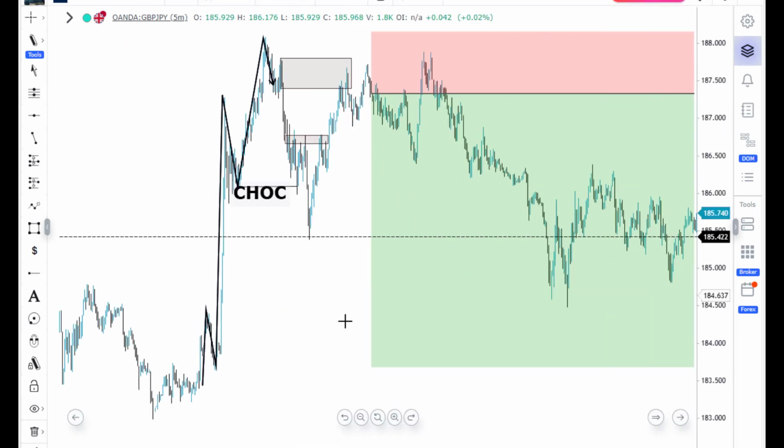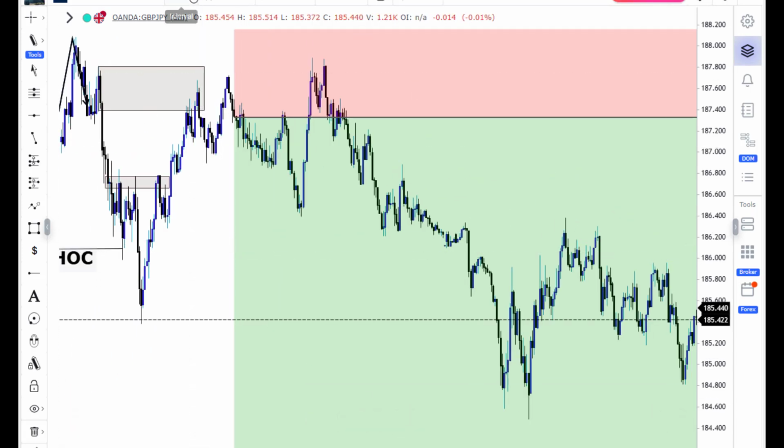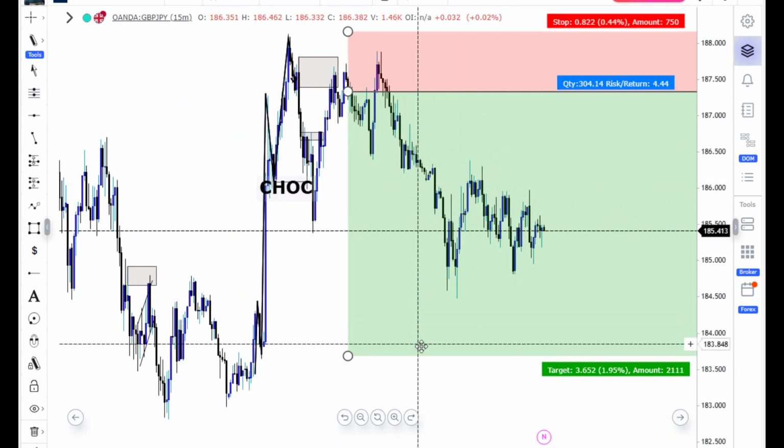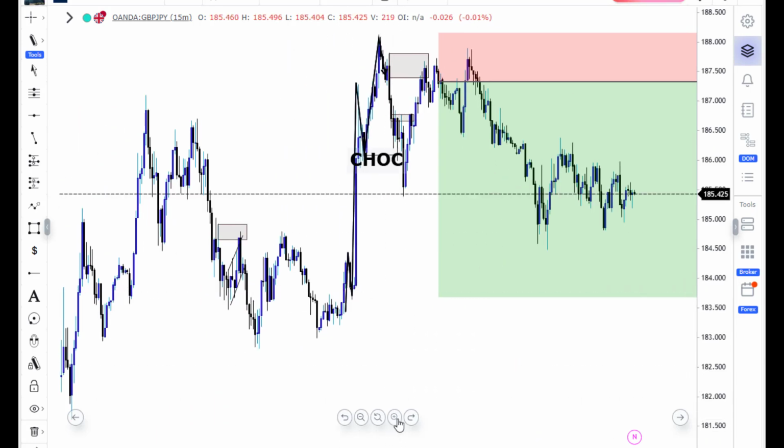But I hope you understand the concept. The concept was we did not want to enter immediately at the order block, but we wanted to wait for confirmation. So we have our first target hit here, and then we're expecting to get our second target hit here. That is what we call change of character confirmation.